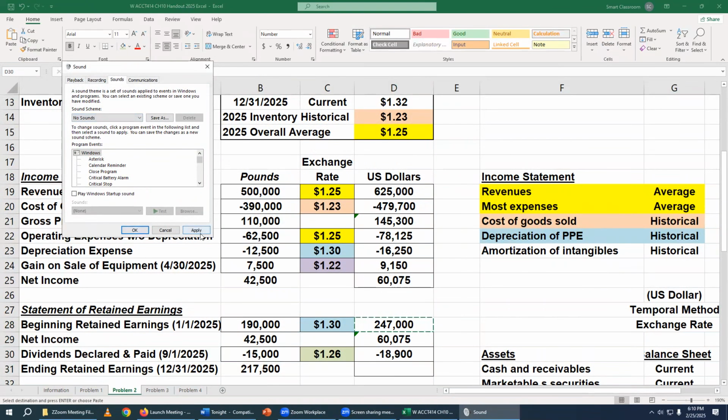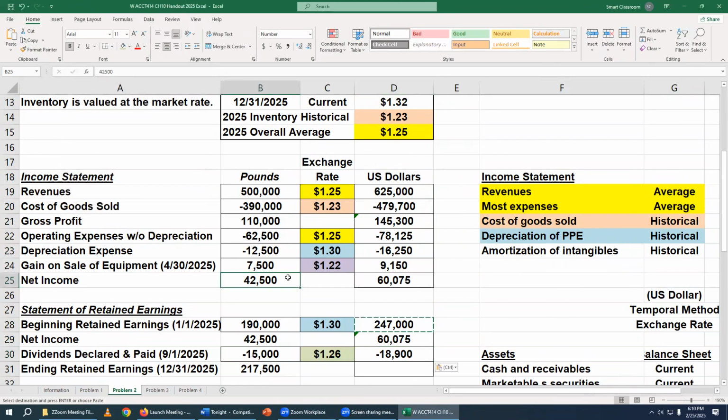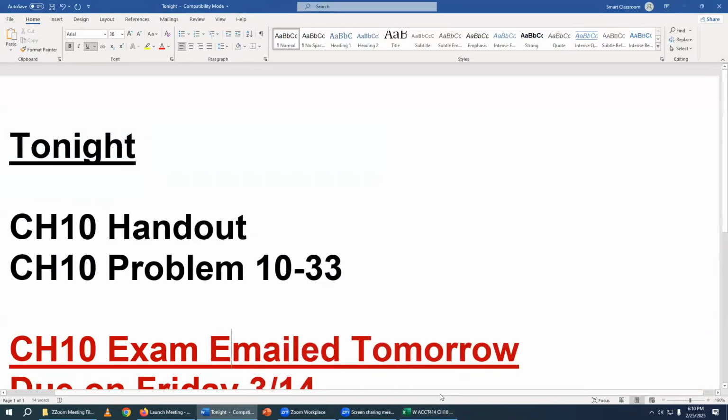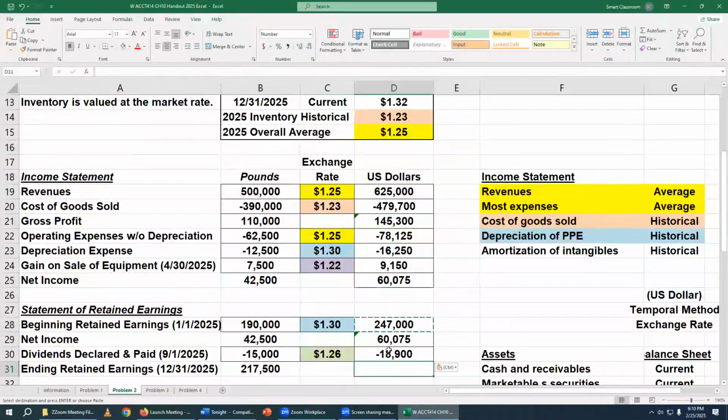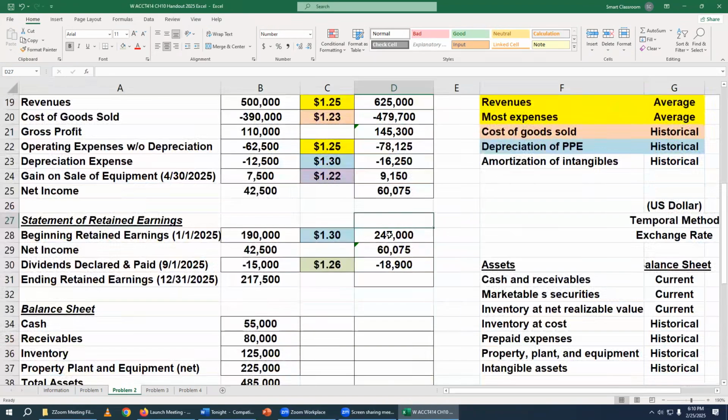I can't have Windows telling me whenever I do something wrong. Okay. All right, so here we go. So this will be adding these up. So there's the ending retained earnings.